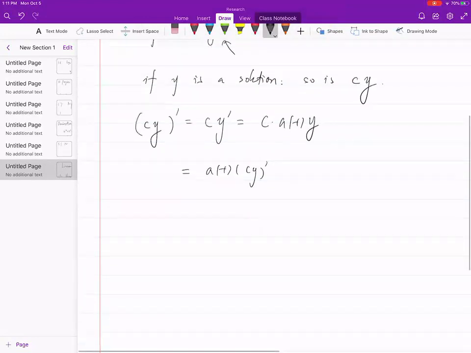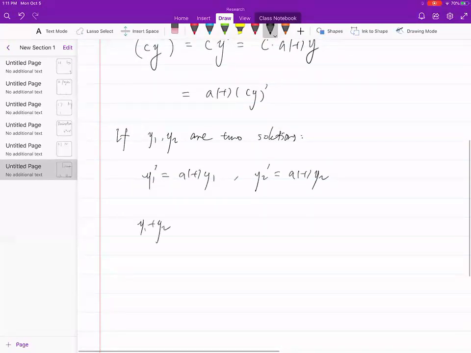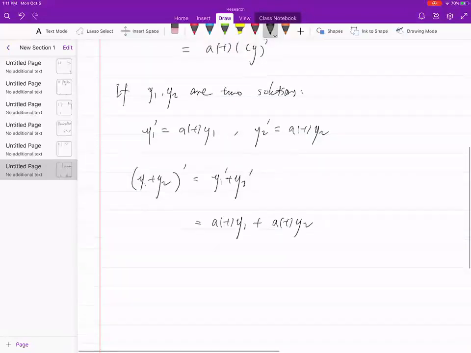Similarly, if y1 and y2 are two solutions, then we know y1 prime equals A(t) y1, y2 prime equals A(t) y2. Therefore, y1 plus y2 is a new function, and its derivative equals A(t) y1 because y1 satisfies the first equation, plus A(t) y2 because y2 also satisfies the equation.